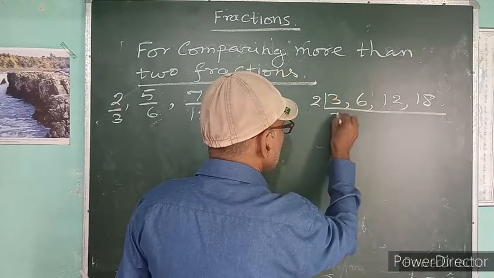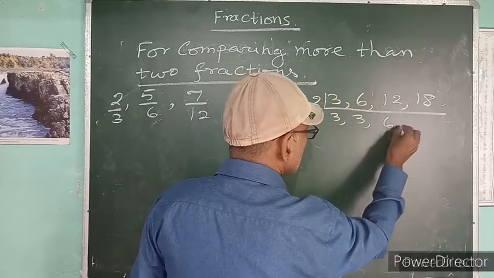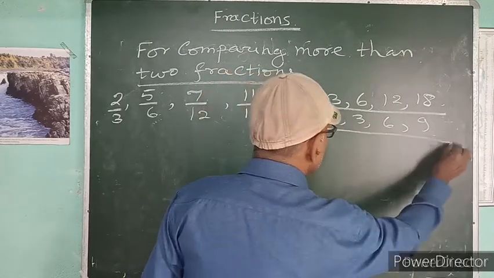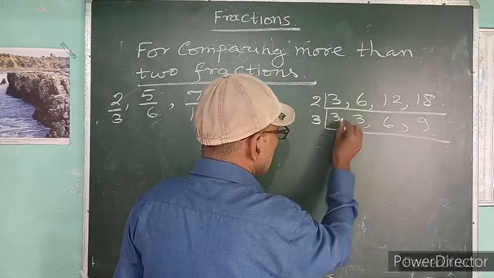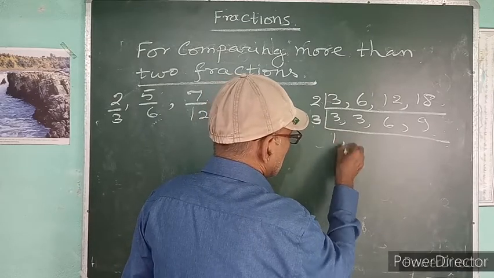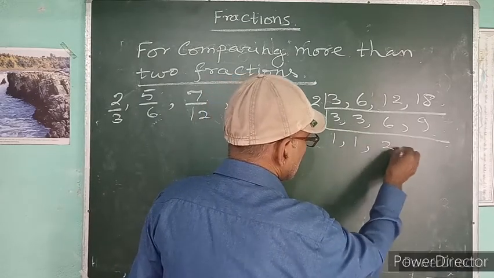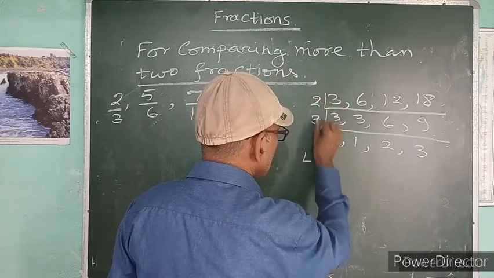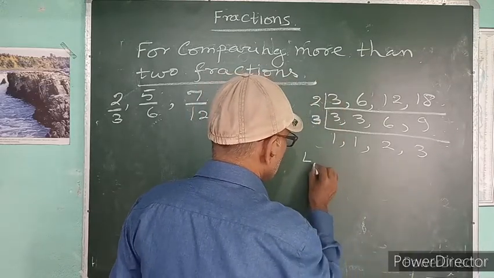Divide this by 2. 2 threes are 6, 2 sixes are 12, 2 nines are 18. Now divide again by 3. 3 ones are 3, 3 ones are 3, 3 twos are 6, 3 threes are 9. Now these are all prime numbers.